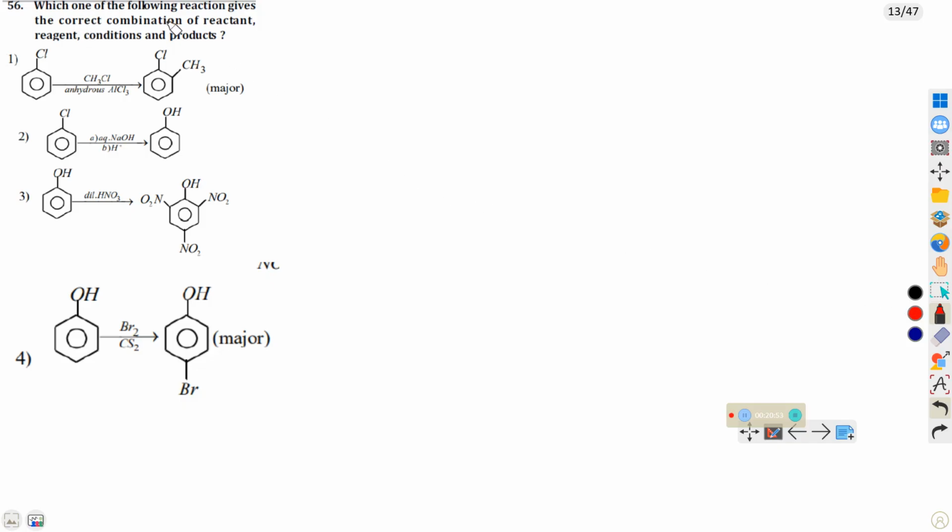Which of the following reactions gives the correct combination of reactant, reagent, conditions, and products? Chlorobenzene reacts with methyl chloride, then it gives ortho product as major product. Wrong. It gives para product as major.